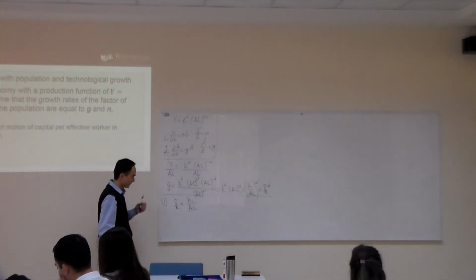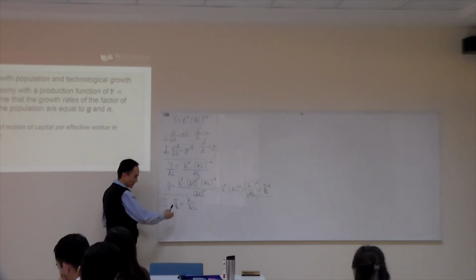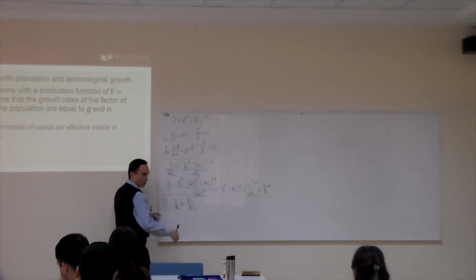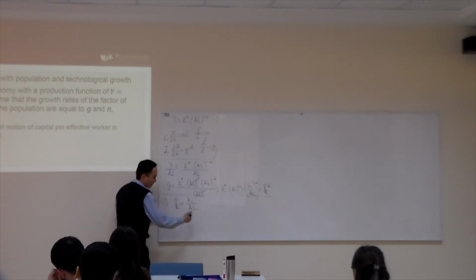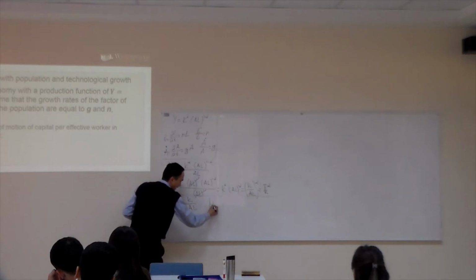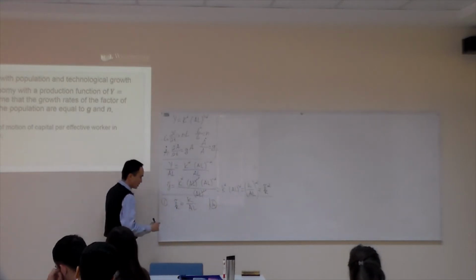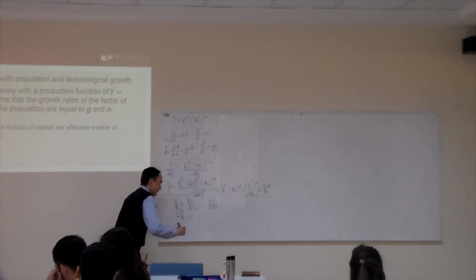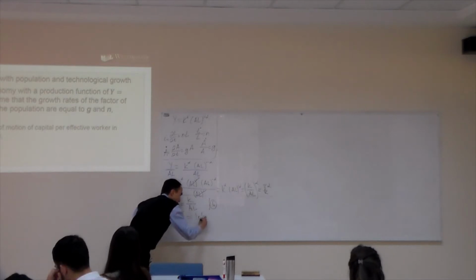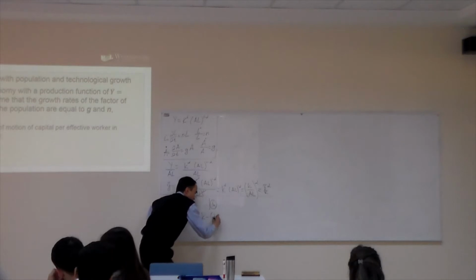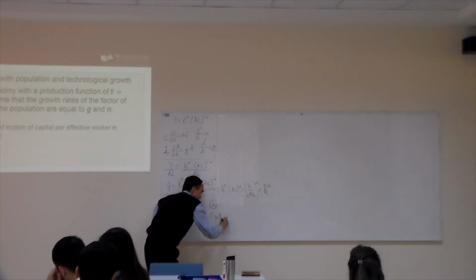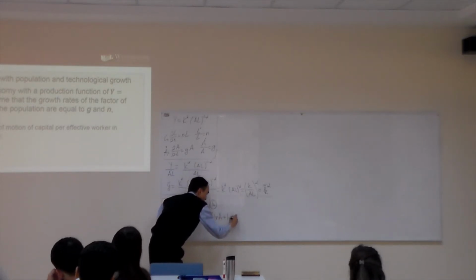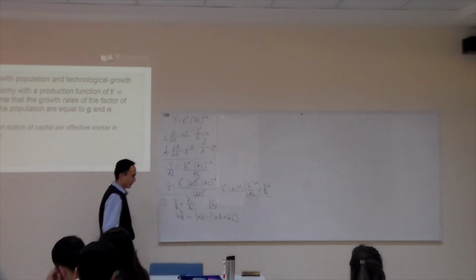Right? Okay? Then what we did in the second step, we took the natural log of this equation. Right? Once you take ln of this equation, then you will get the natural log of capital per effective labor is equal to the natural log of capital minus, in the denominator, the natural log of technology plus the natural log of labor. Right?